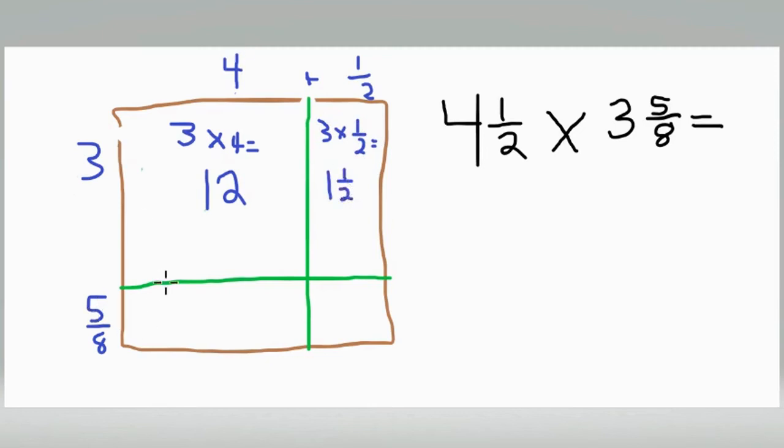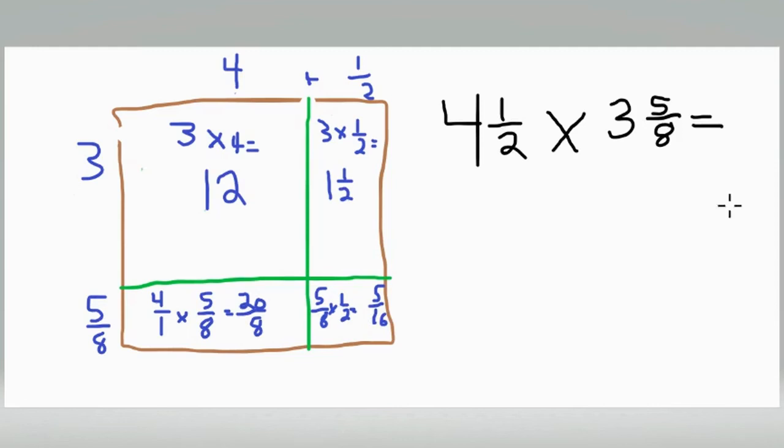We have 4 times 5/8, and that gives me 20/8. And then we have 5/8 times 1/2, and that equals 5/16. Okay, so we're going to go ahead and write down our whole numbers and fractions that we have so far.